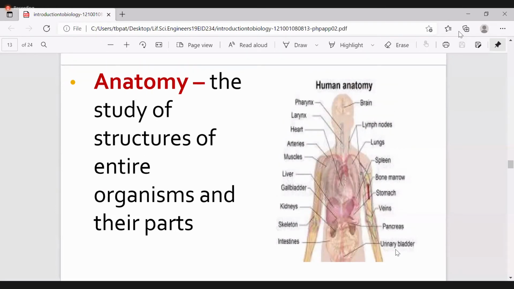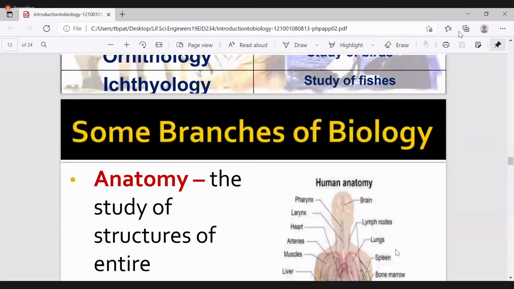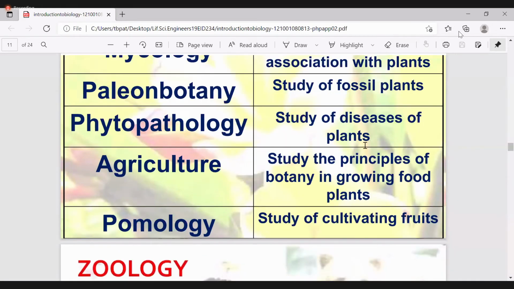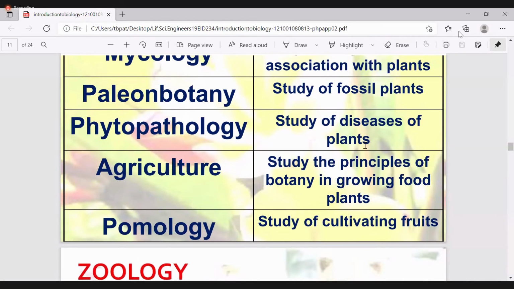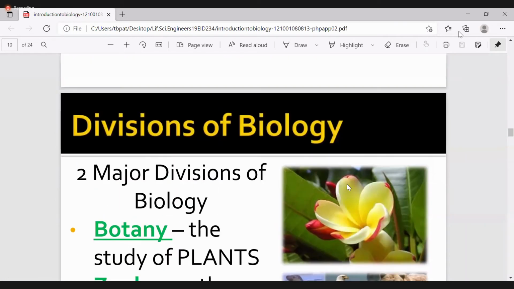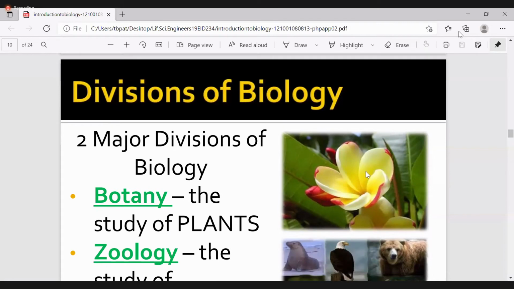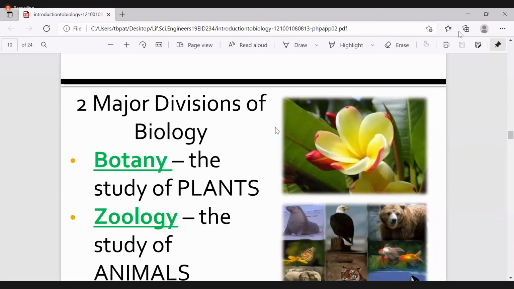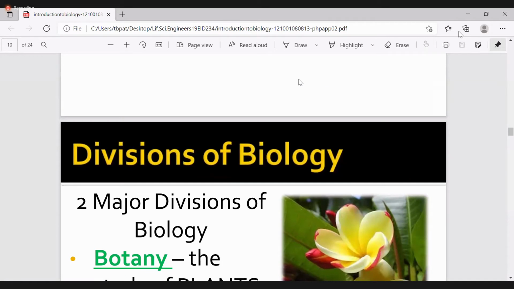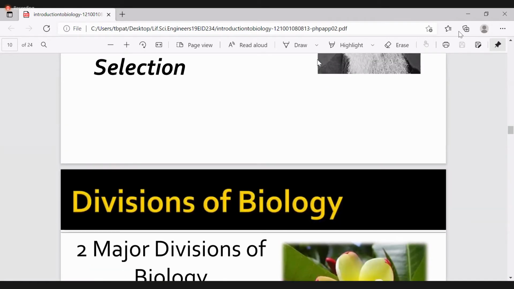Next, there are different types: geology and botany, biological. Both come under biology, but one is plant related and the other is animal related. Zoology relates to animals.